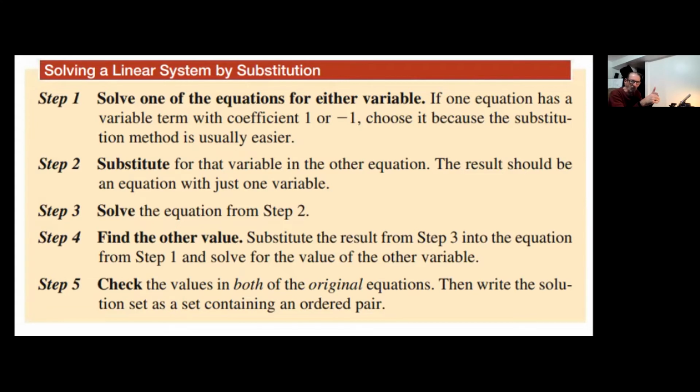Once you know the value of 1 variable, we can plug into one of the equations and solve for the other variable. So you don't have to do substitution twice to get the 2 variables. Do substitution once and then plug in to find out the other variable's value.